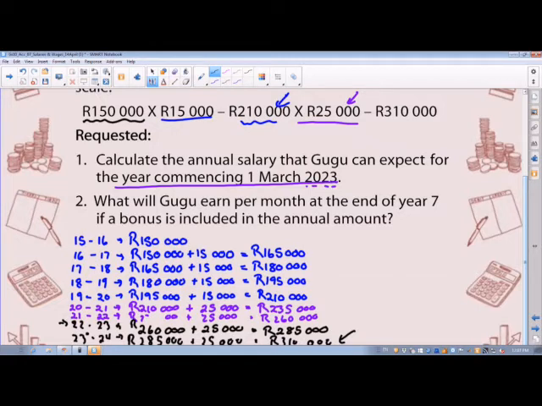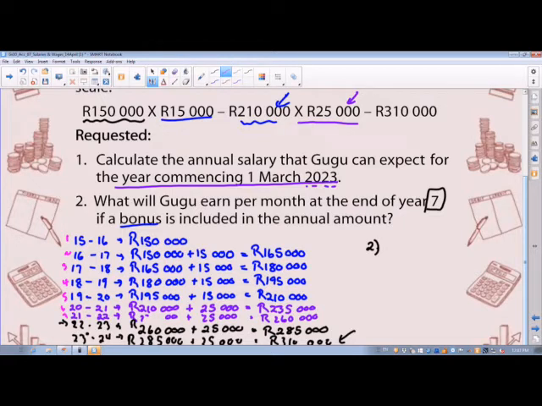Now let's look at question number 2. For year number 7, what do we need to do? We need to calculate it per month if an annual bonus is included. So let's go and check. What are my years? I have year 1, year 2, year 3, year 4, year 5, year 6, and year 7.